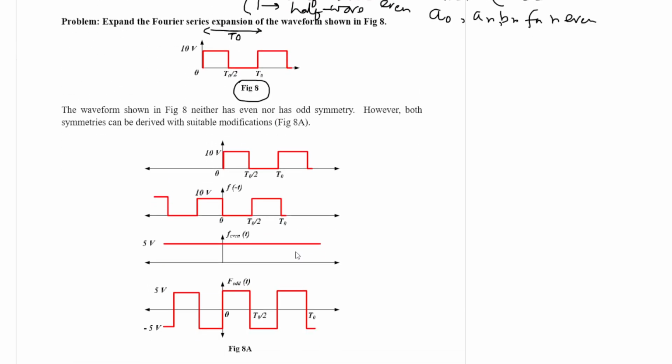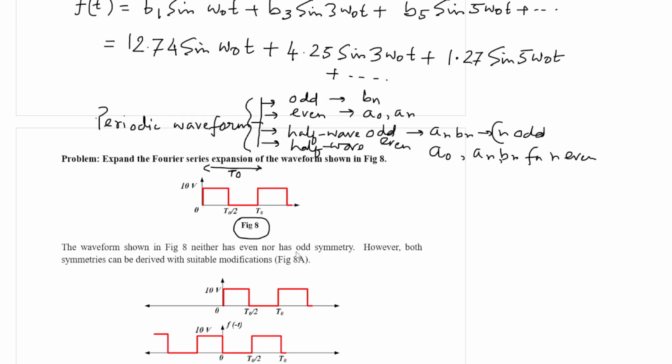Why? Because suppose I write ft in this fashion: ft is equal to half of ft plus f of minus t. This is one.